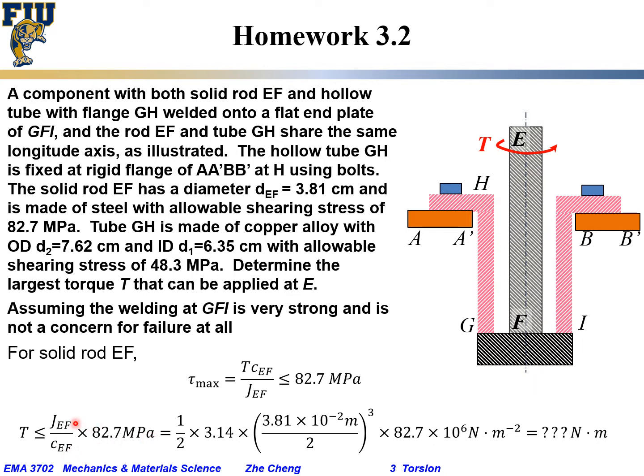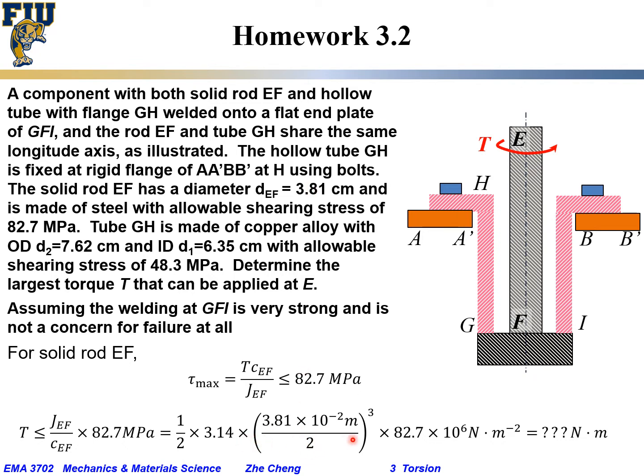Remember the axial moment of inertia is half pi radius to the power of 4, but then you have a radius in the denominator, so as a result you have radius to the power of 3. And what's the radius? We said it's 3.81 centimeter, and you convert it into meter.